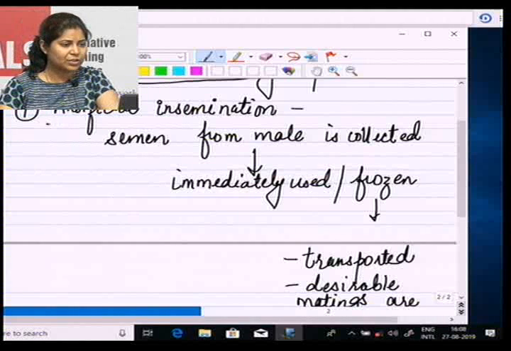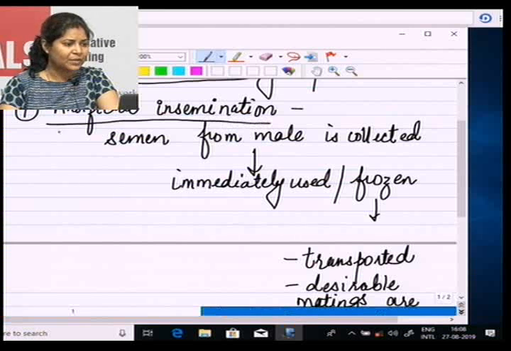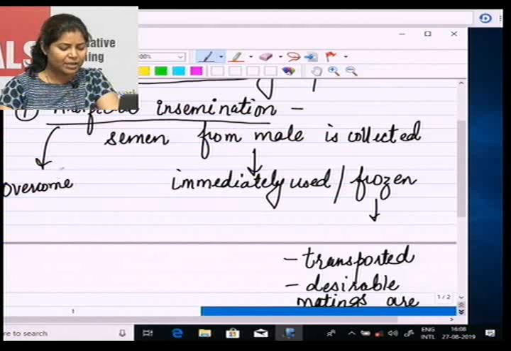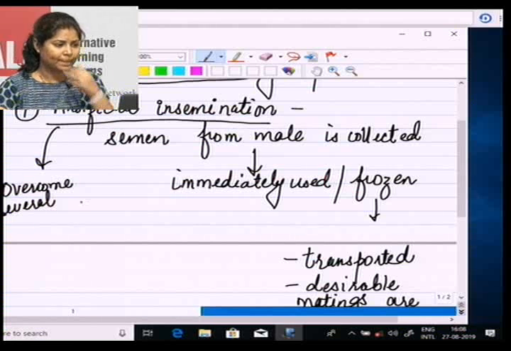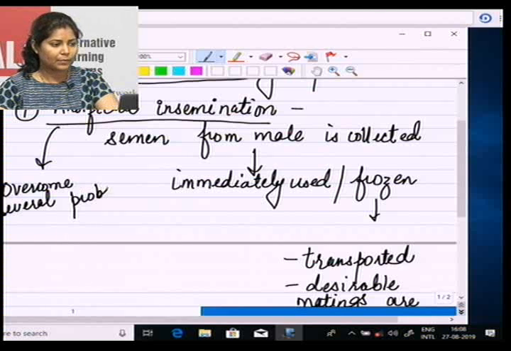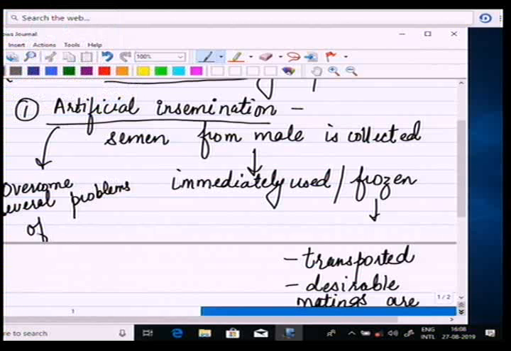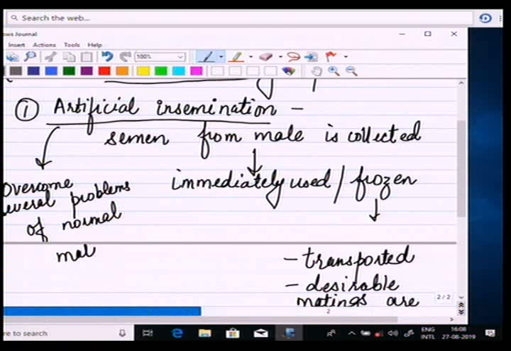So this artificial insemination is actually used to overcome what kind of situations? It overcomes several problems of normal matings.